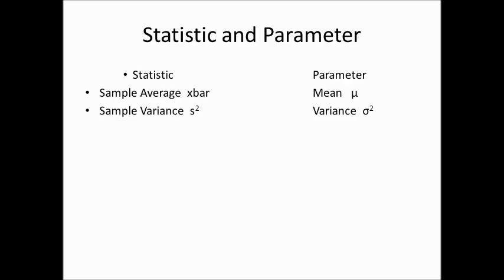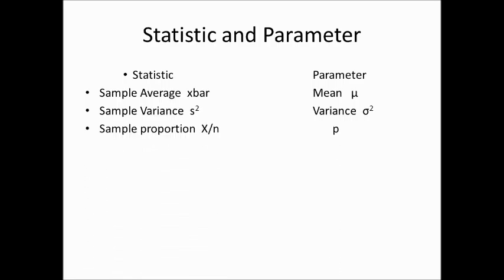It's a measure of variation of individual data elements from the sample average, represented by small s squared. The corresponding parameter is called the variance. It's a very important parameter of a distribution and is represented by the Greek letter sigma squared.